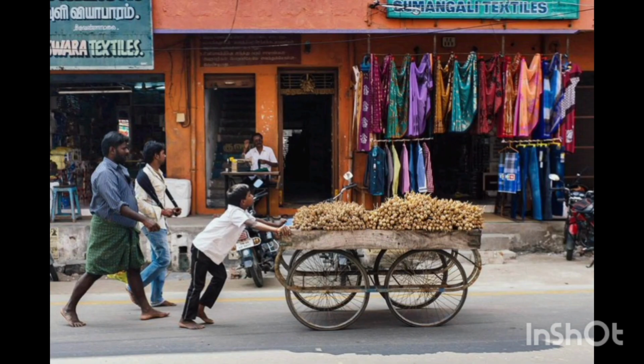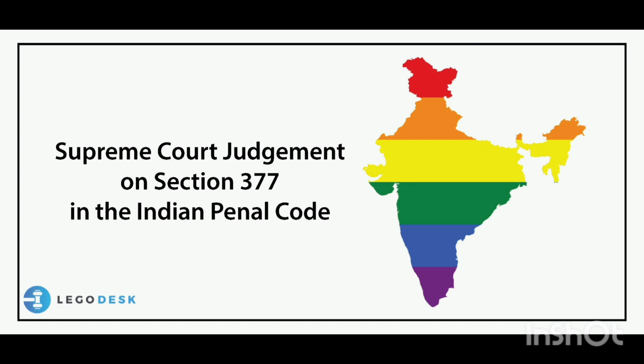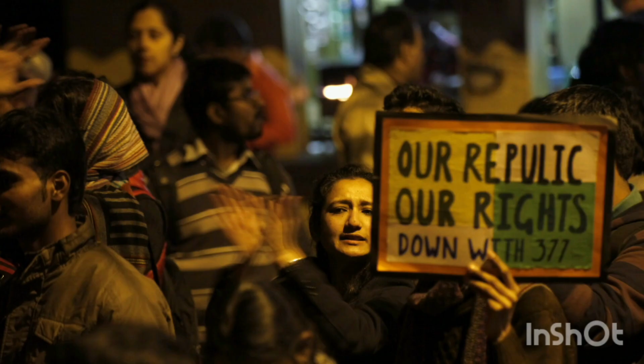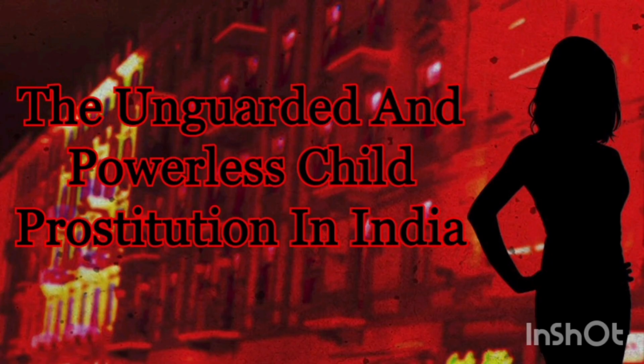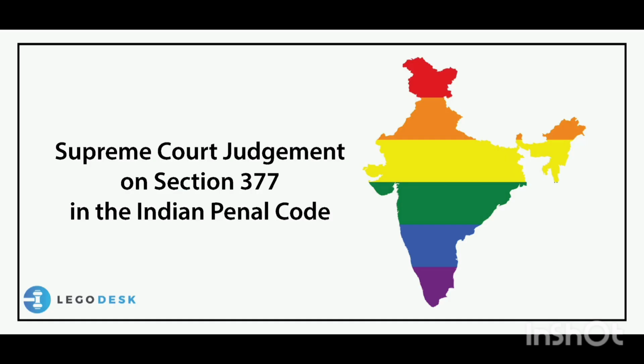Death penalty. Section 120B criminal conspiracy, 121 waging war against the Government of India, 132 mutiny, 194 giving false evidence to procure conviction for a capital offence, 302 and 303 murder (Section 303 was declared unconstitutional in the case of Mithu Singh versus State of Punjab), 305 abetting suicide, 364A kidnapping for ransom, 396 dacoity with murder, 376A rape, 376AB rape of a woman under 12 years of age, 376DB gang rape of a woman under 12 years of age, and 376E repeat offenders have death penalty as the maximum allowable punishment.